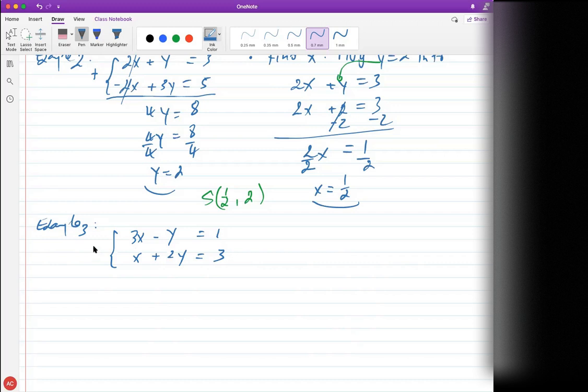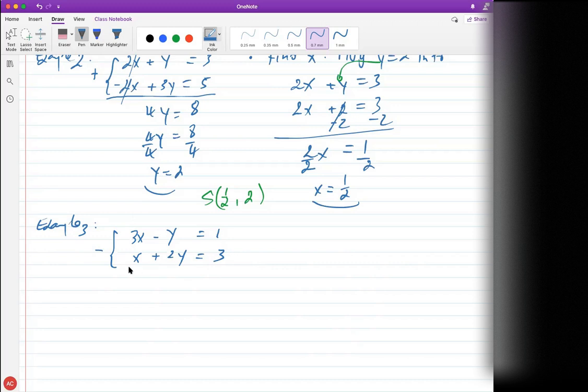If we add, for example, if we do plus, it will be 3x plus x. It will not cancel out. Same thing here, negative y plus 2y. The y will not cancel out. If we subtract, also nothing happens. 3x minus x would be x. Negative y minus 2y would be negative 3y.